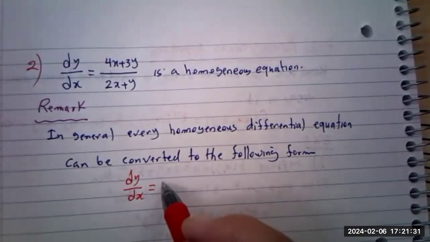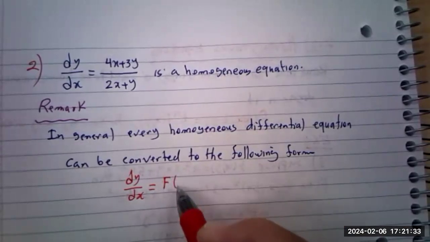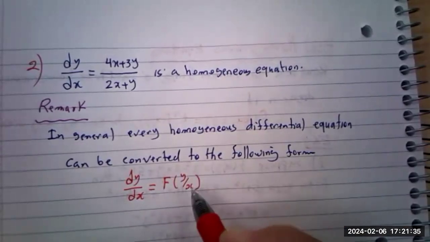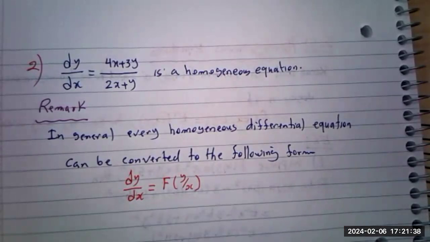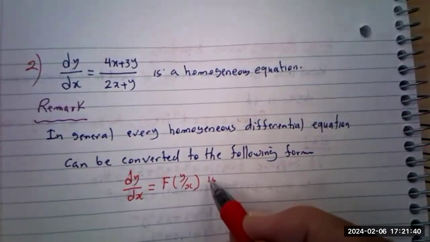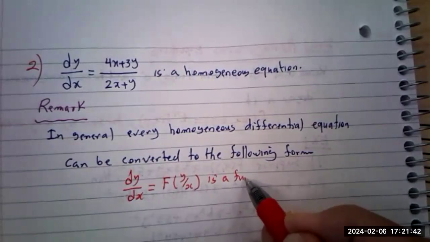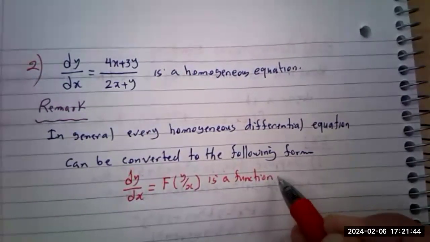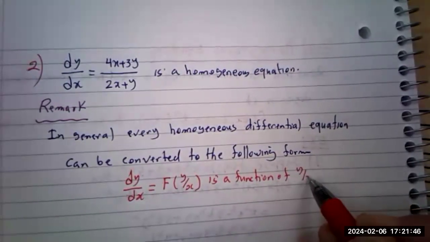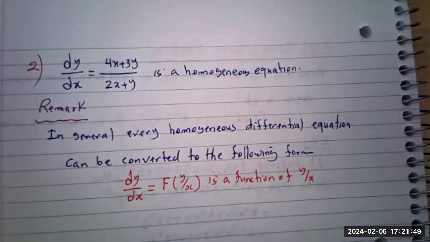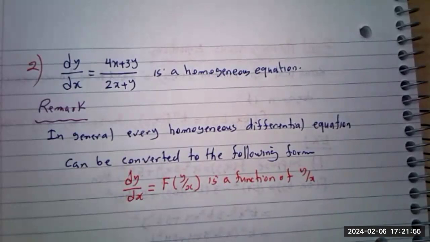On the other side, you are going to write your function as a function of y over x. If you call it z, then it's a function of z, and z is y over x. So from a function of two variables, you change it to a function of one variable, and you'll quickly be able to do it.